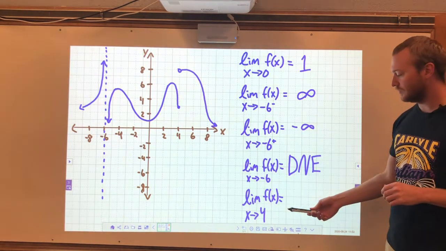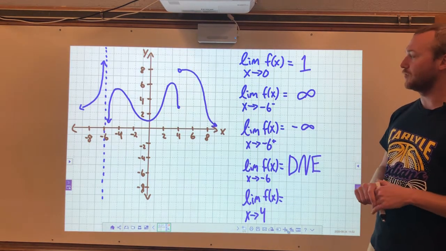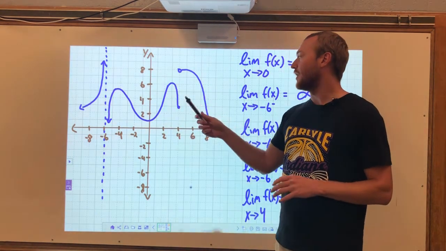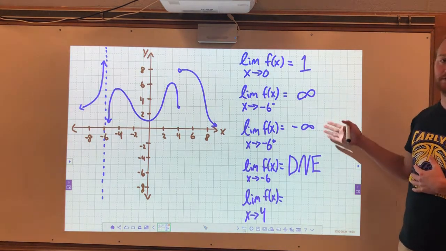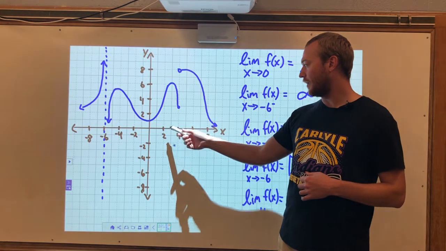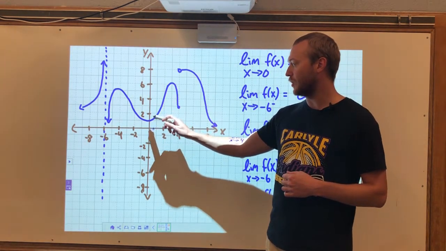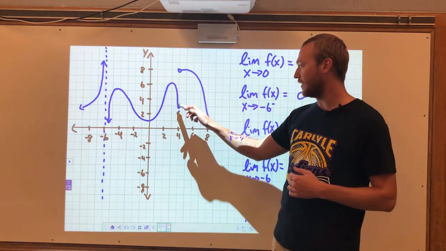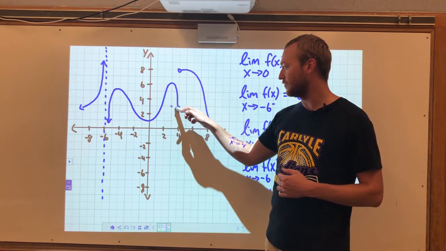Lastly, limit of f of x as x approaches 4. So we're over here now looking at this function, and let's take into consideration what we did for these last three. As x approaches 4 from the left-hand side, it looks like we have a y value of 3.